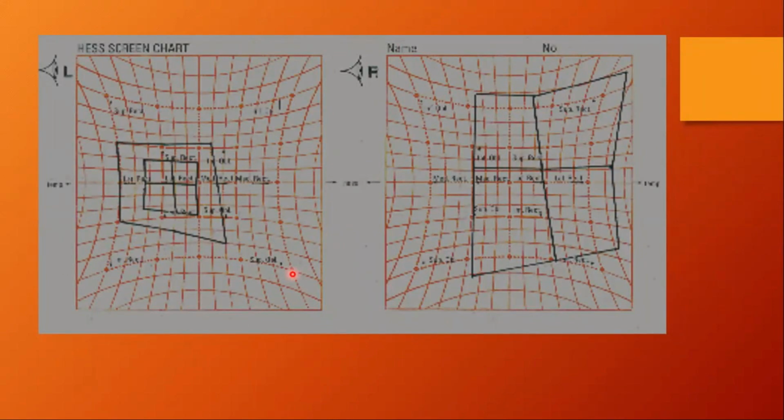Let's say it in another way. In order to demonstrate the action of superior oblique, the eye should be adducted in the first place. Yeah, but since the adduction is affected because this is a third nerve palsy, the superior oblique seems to be underacting, but actually it is functioning.